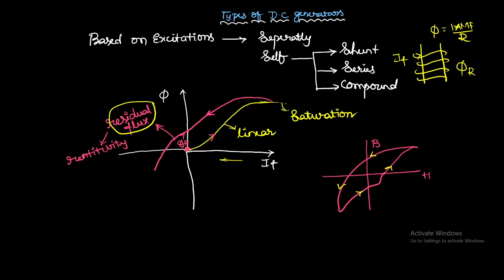We have to connect the field winding in such a way that the residual flux adds to the main flux, that is, both are adding. Otherwise, if the residual flux is in this direction, the main flux may be in the opposite direction, which is a subtraction. That we will see. With this basics we can move on to the different types of DC generators.